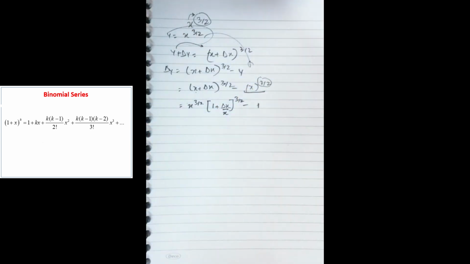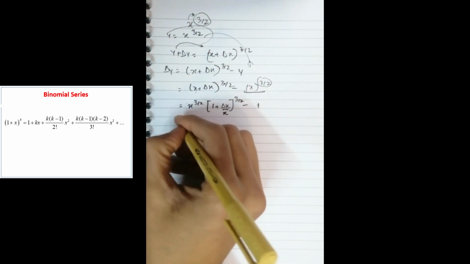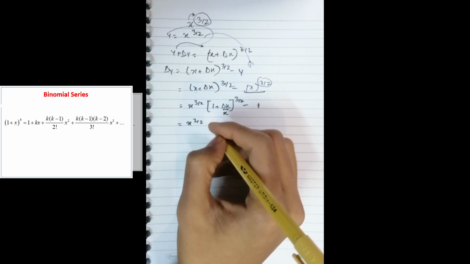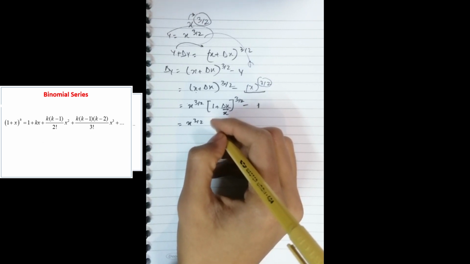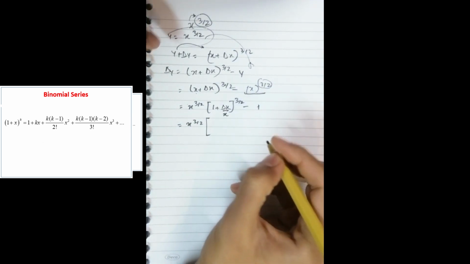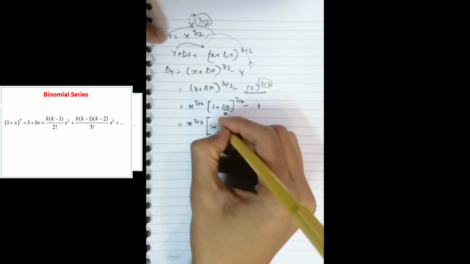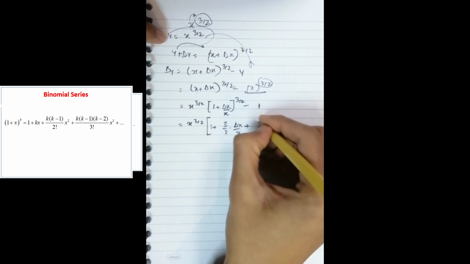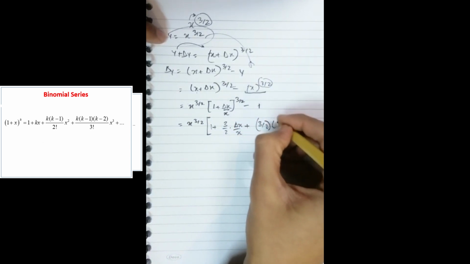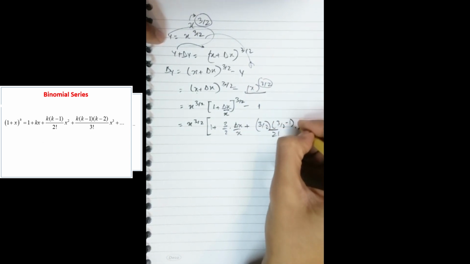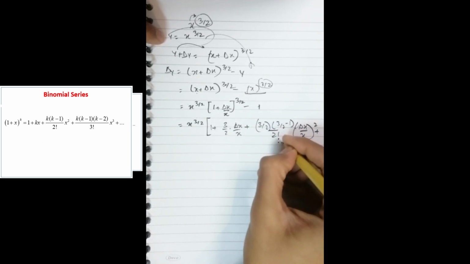I hope that you understood what I was trying to say, and now let's just apply the binomial theorem, or I should say expression, or yep, binomial series. So this goes in the first bracket, and now 1 stays as it is, plus the power multiplied by the second term, plus the power times the power minus 1 divided by 2 factorial, and the second term is being squared, okay, dot dot dot.